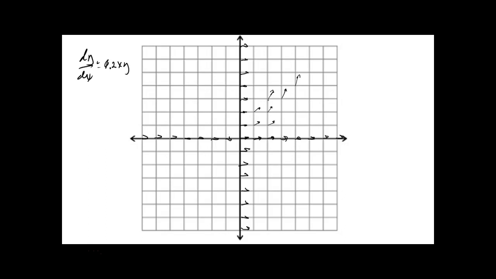So let's go back to the second quadrant. Give me a few of those. Okay. Negative 1, 1. Okay, that's this point. And what would that be?